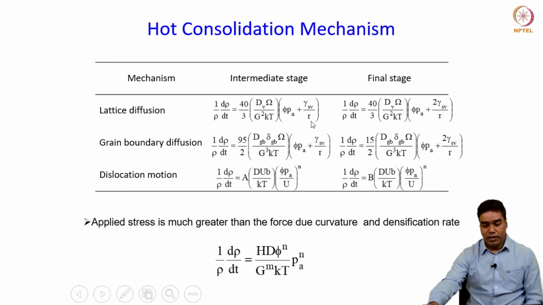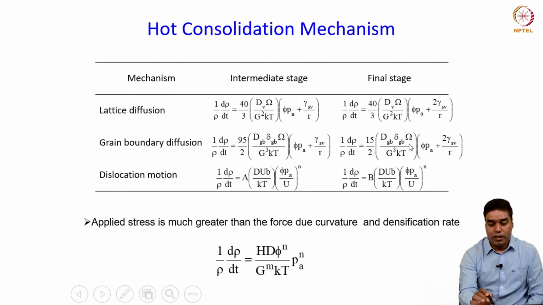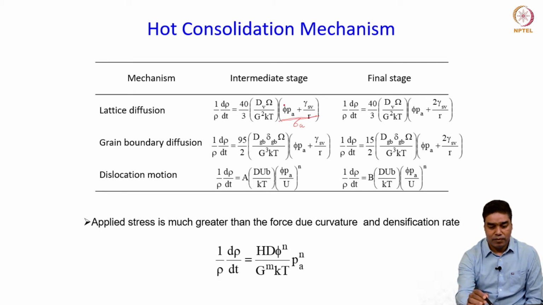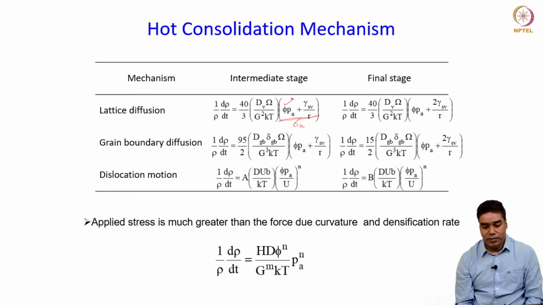In case of simple creep where an external stress is applied at a particular temperature, this part that you see over here will be only the applied stress sigma A. But now that we are talking about a green compact which is being pressed at high temperature, apart from the stress, we also need to consider the porosity which is present, and that is where this term phi PA comes into the picture, where phi is the stress intensification factor which comes in due to the presence of the pores, and PA is the applied pressure.